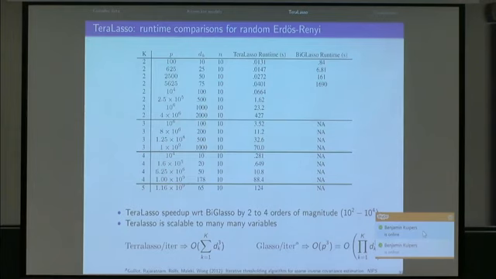Okay, so this shows comparisons for a random Erdős-Rényi type of matrix, a graph that corresponds to an Erdős-Rényi graph with a certain number of edges. We then take those edges, embed them into a covariance matrix, and project that covariance matrix onto the positive cone with some epsilon, so it's non-singular. And then for various values of k, the number of Kronecker products, for estimating this Erdős-Rényi type of covariance or inverse covariance, we see that the Teralasso runtime scales quite nicely.